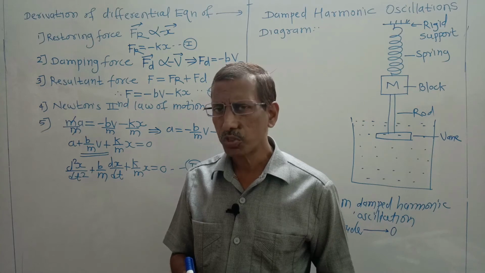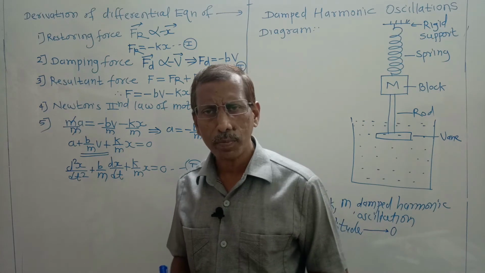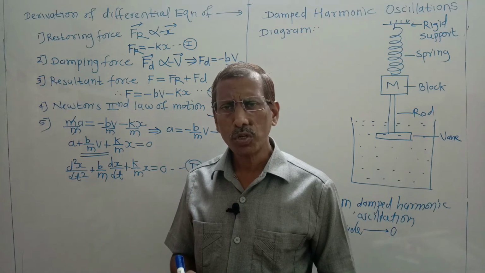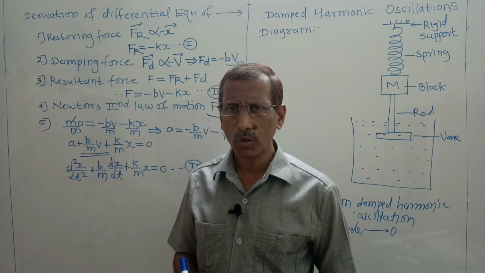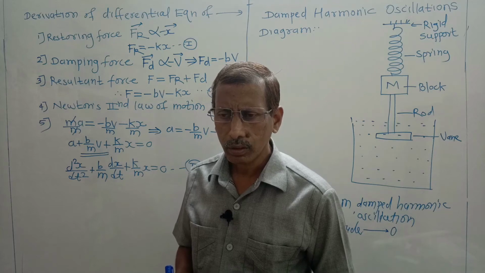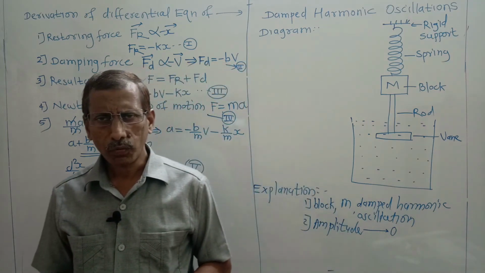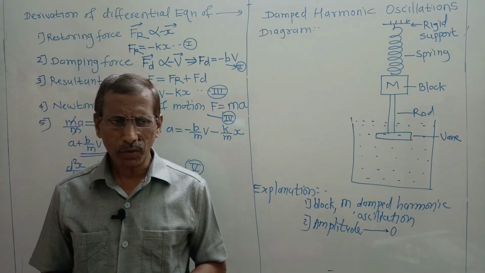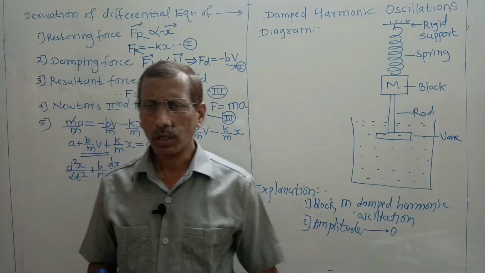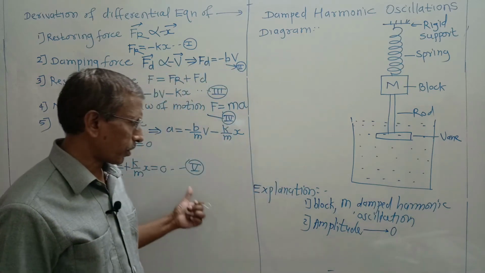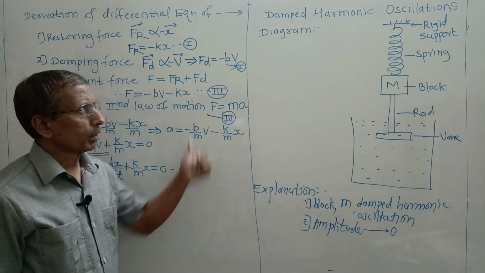For that we use the method of separation of variables, and we put the substitution k by m is equal to omega square. At this stage we don't need the derivation of this solution.